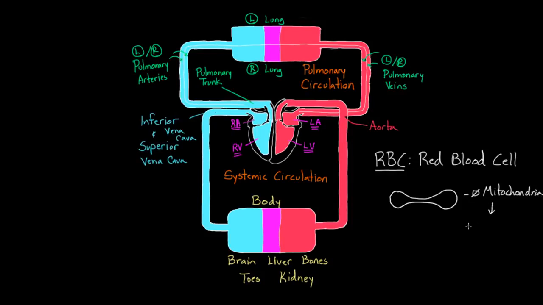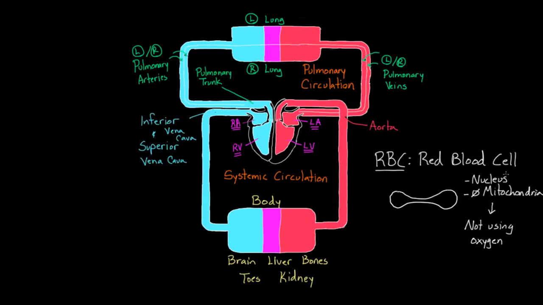So if it has no mitochondria, then it is not really using oxygen. And really these cells, we call them cells, and they are in many senses of the word, but they don't really have mitochondria. They also don't have a nucleus. I mean, these are amazingly designed cells that are made for the purpose of carrying around oxygen to the body, because they literally are bags of hemoglobin.